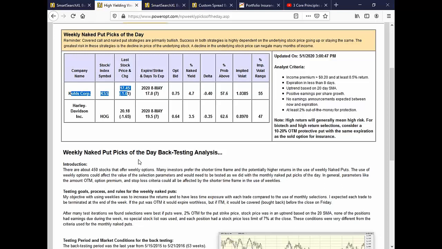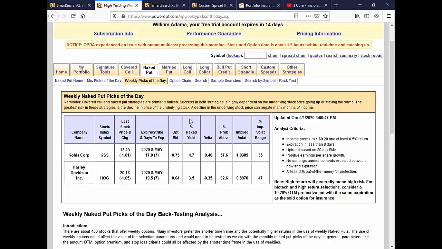Probably about 50 to 60 iterations for each search, testing over several market periods, finding which criteria gave the best return over time across various markets. And that's what the picks of the day are. These are the results that match his criteria after all of that detailed research and analysis.